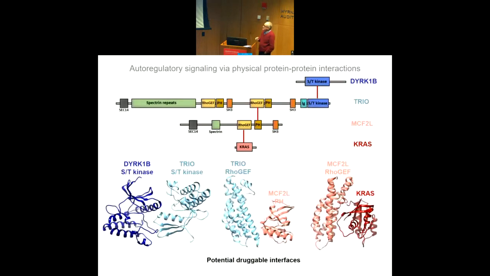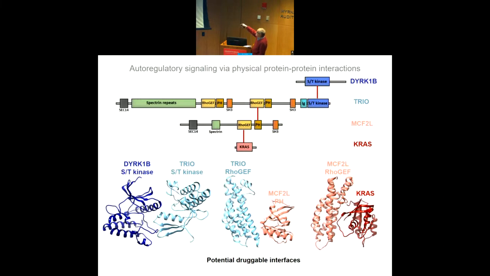So this is a slide which gives you a sense of what's going on. The upstream protein, DYRK1B, has a kinase domain, a serine kinase domain. PrEPI predicts that it interacts with a kinase domain in Trio, and we're able to build a model of that interaction. Now, it's interesting: these are multi-domain proteins.